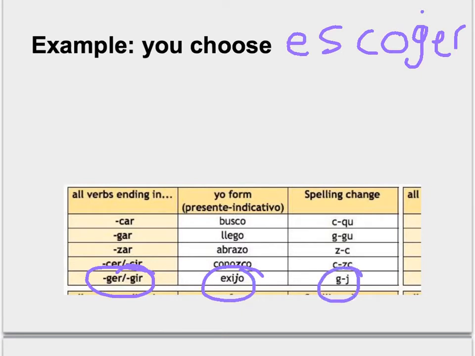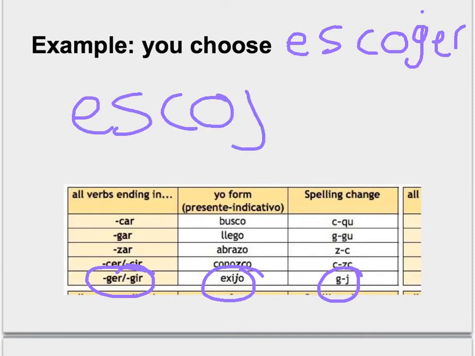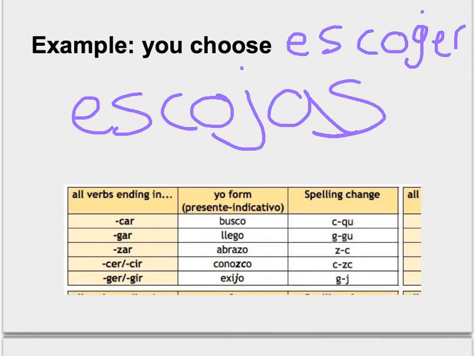The g has changed to j, so escoja, that's the tú form. So we have escojas, tú escojas. So you do notice that these two verbs right here have the spelling changes in the yo form.